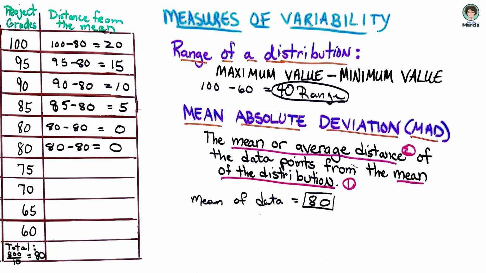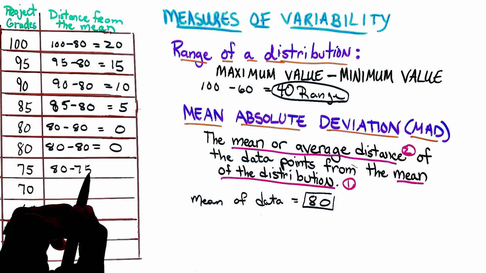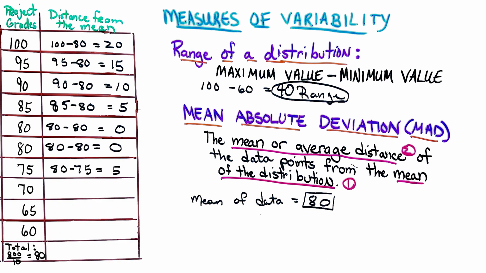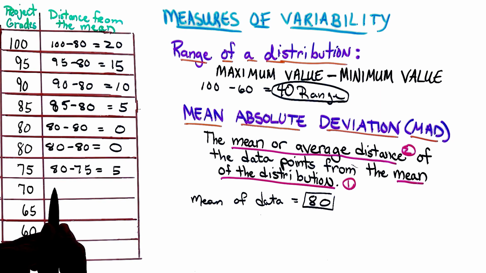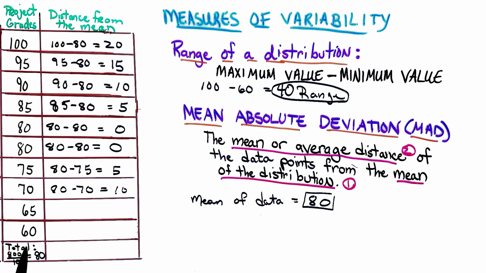And it's the distance these points are from our mean, so we're going to write it in the opposite order, and that is equal to 5. Our 80 minus our 70 is equal to 10. Our 80 minus 65 is equal to 15. And our 80 minus 60 is equal to 20.